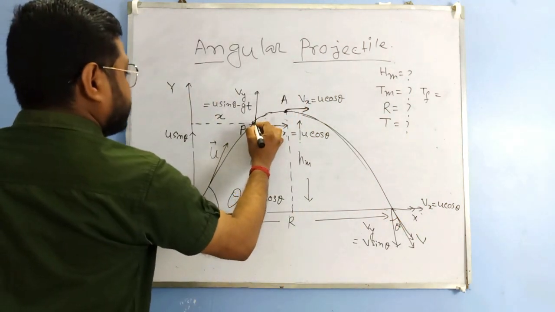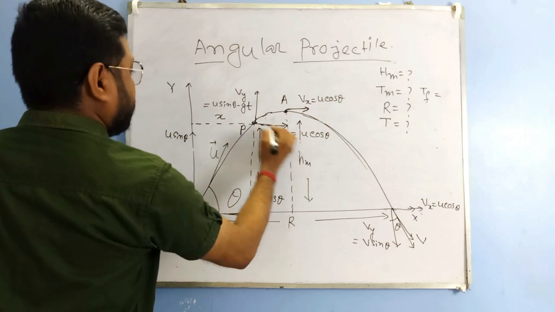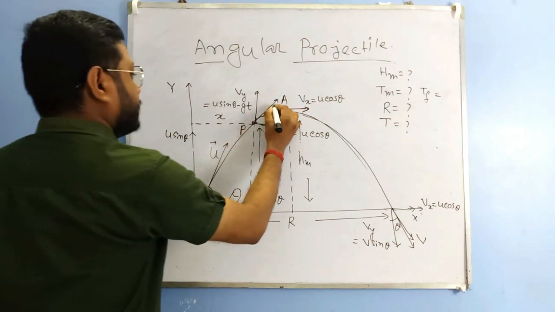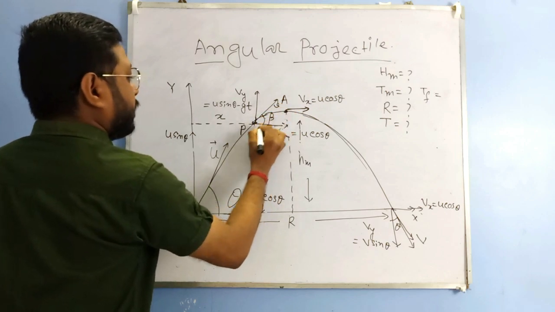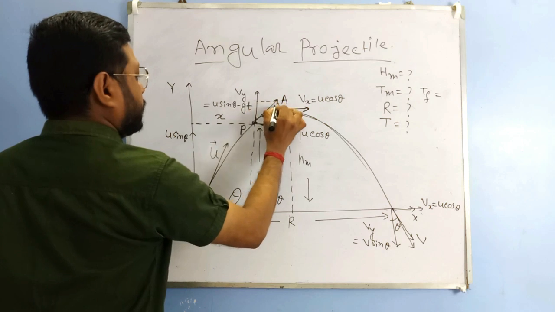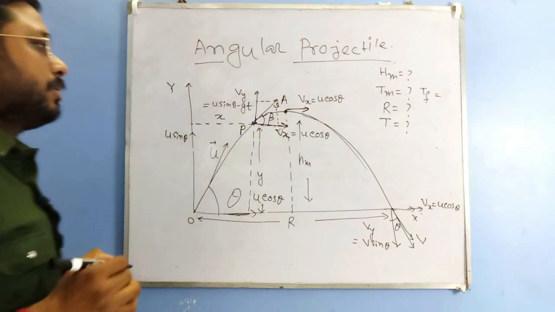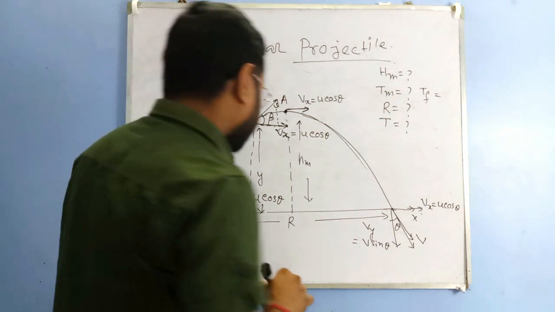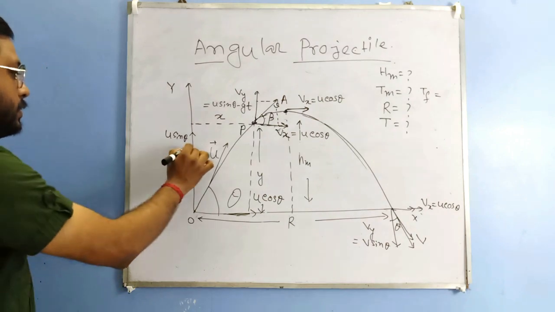The resultant velocity of Vx and Vy is along the tangent. This is known as V, which makes an angle beta with the horizontal component of velocity. Now we draw a parallelogram at this point. So this is the full picture of projectile motion. Okay, draw it in your exercise book.